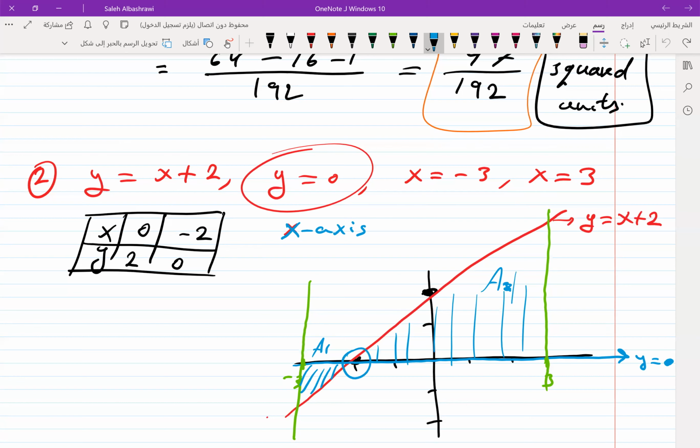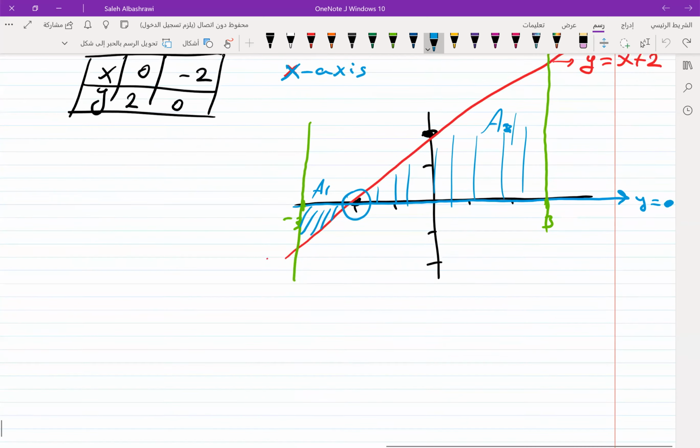Because I have an intersecting point between the interval minus 3 and 3, that's why we need to sketch the region first, because I need to check whether we have an intersecting point in between the upper limit and lower limit or not. If I have an intersecting point, then I have 2 areas, A1 and A2, and the total area will be A1 plus A2.